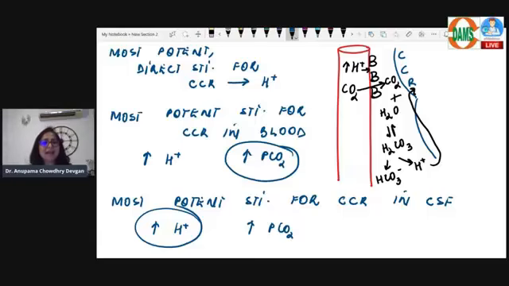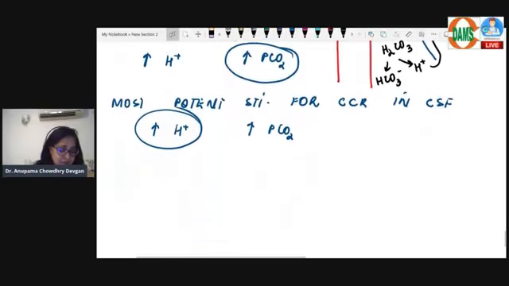That is acidosis, but H plus by itself cannot cross the blood-brain barrier. Commonest cause of acidosis is respiratory. Acidosis is usually, I'm not saying always, but usually associated with increase in PCO2. CO2 can cross the blood-brain barrier, stimulate the central chemoreceptors, and increase the rate and depth of ventilation.